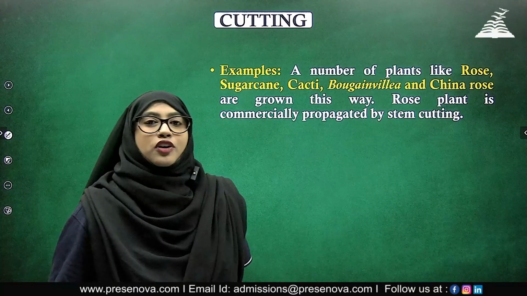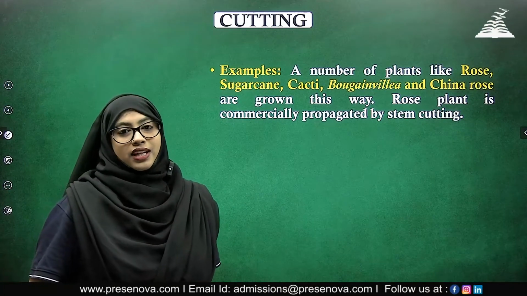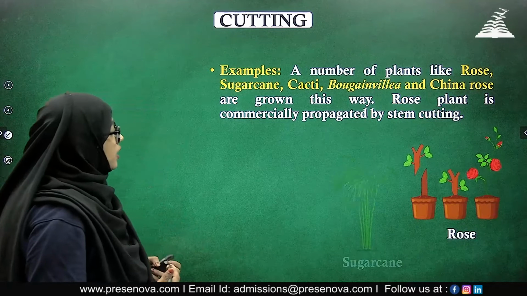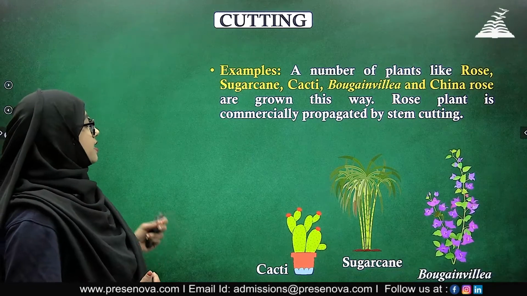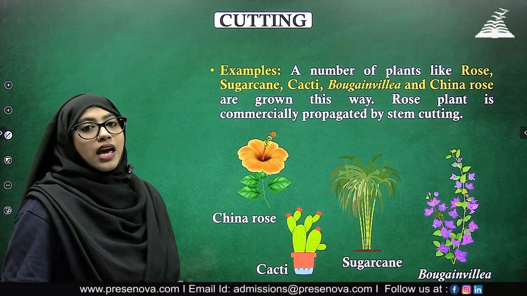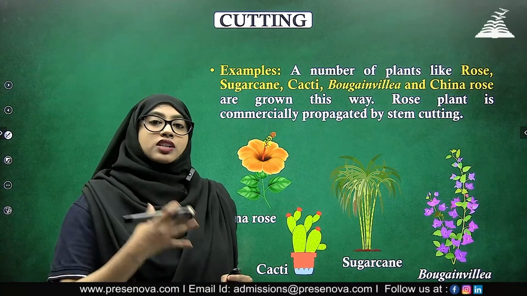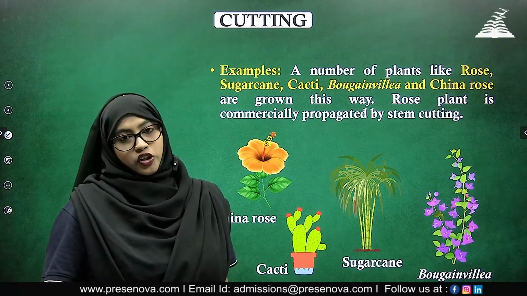Examples for the cutting method are rose, sugarcane, cactus, bougainvillea and China rose. These are the plants which undergo this way of artificial vegetative propagation.